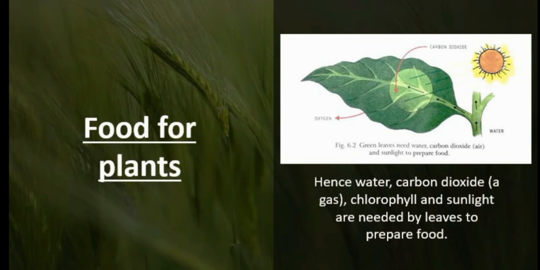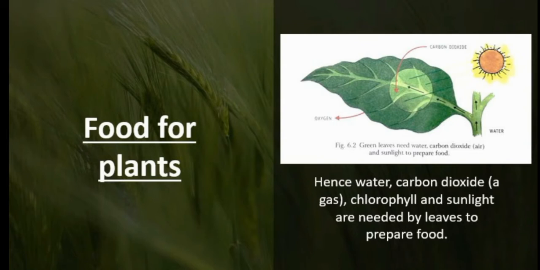In the presence of sunlight, the green leaves change air and water into food, which is stored in the form of starch in the leaves. Sunlight provides energy to these leaves for preparing food.